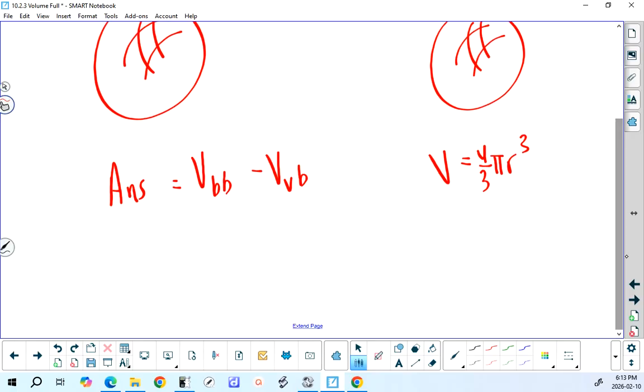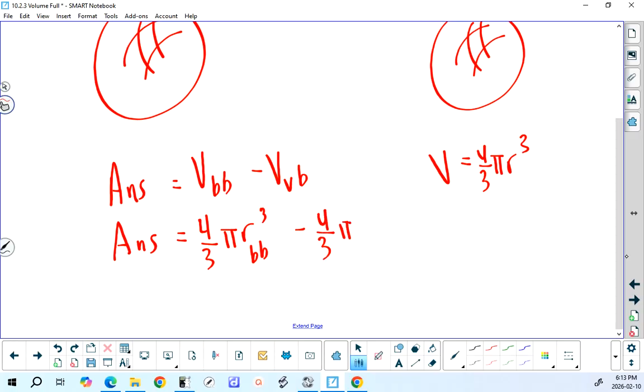So I'm trying to get you to think in broader terms here so that you understand things that are written down may look complicated, but they're not. That you should be able to think a little more abstractly and say this will be 4/3 pi times the radius of the basketball cubed minus 4/3 pi times the radius of the volleyball cubed.